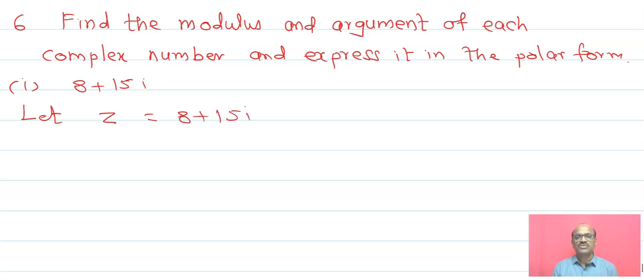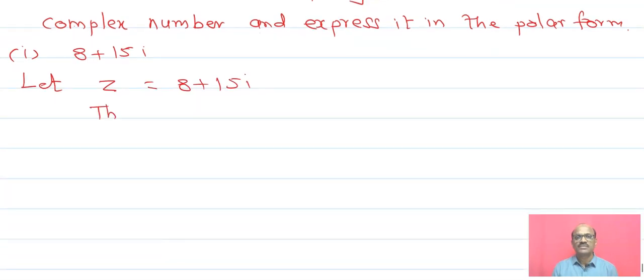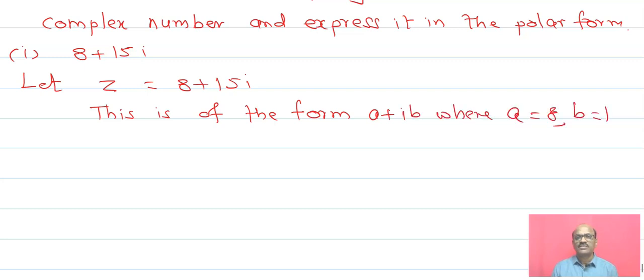Let z is equal to 8 plus 15i. This is of the form a plus ib, where a is equal to 8 and b is equal to 15.